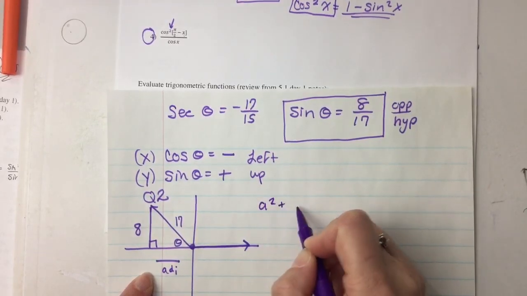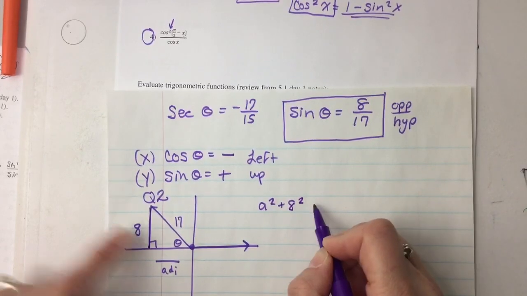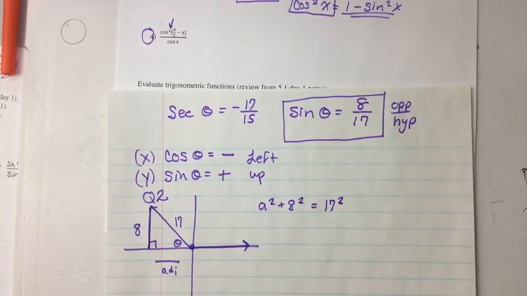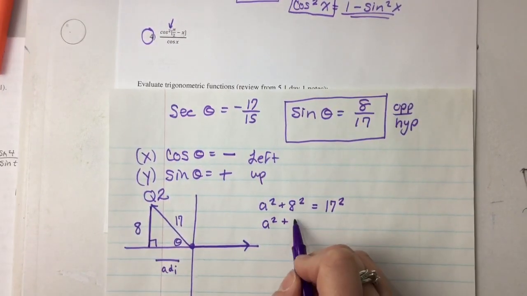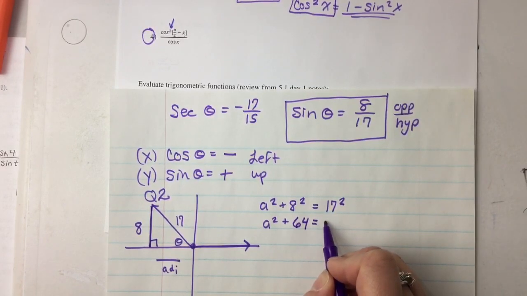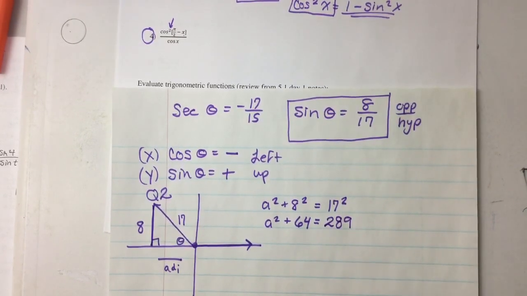So A squared plus the other leg of the right triangle, 8 squared, equals 17 squared. So I have A squared plus 8 squared. 8 times 8 is 64. 17 squared, 17 times 17, is 289.